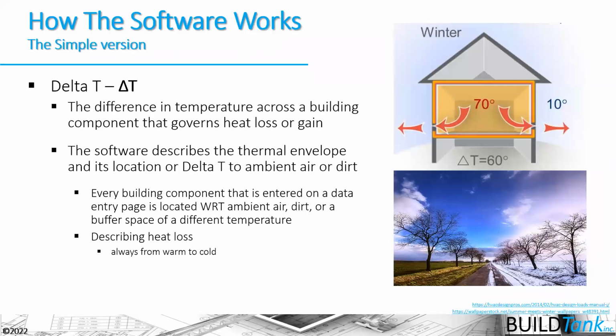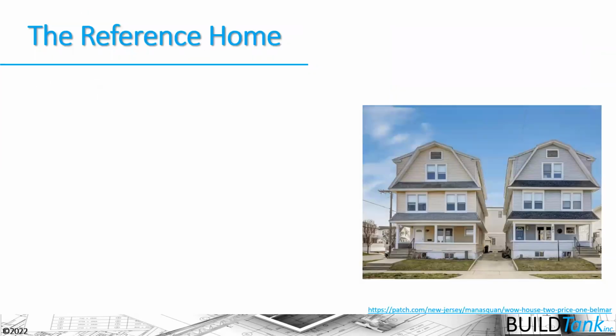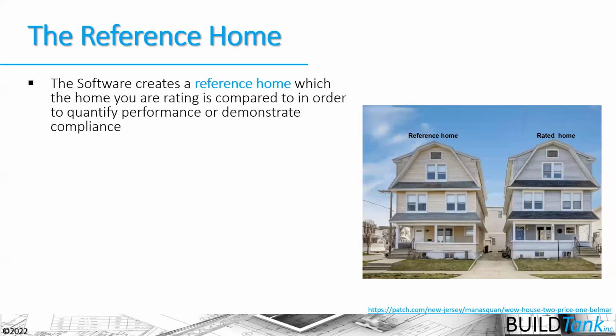So the software is describing the building thermal envelope in relationship to its delta T location. The delta T is the temperature difference, and it's describing the direction of the heat flow from higher temperature to lower temperature. So in this picture case, it would be from inside the house to outside the house through the building thermal envelope. And then the software creates what we call a reference home.